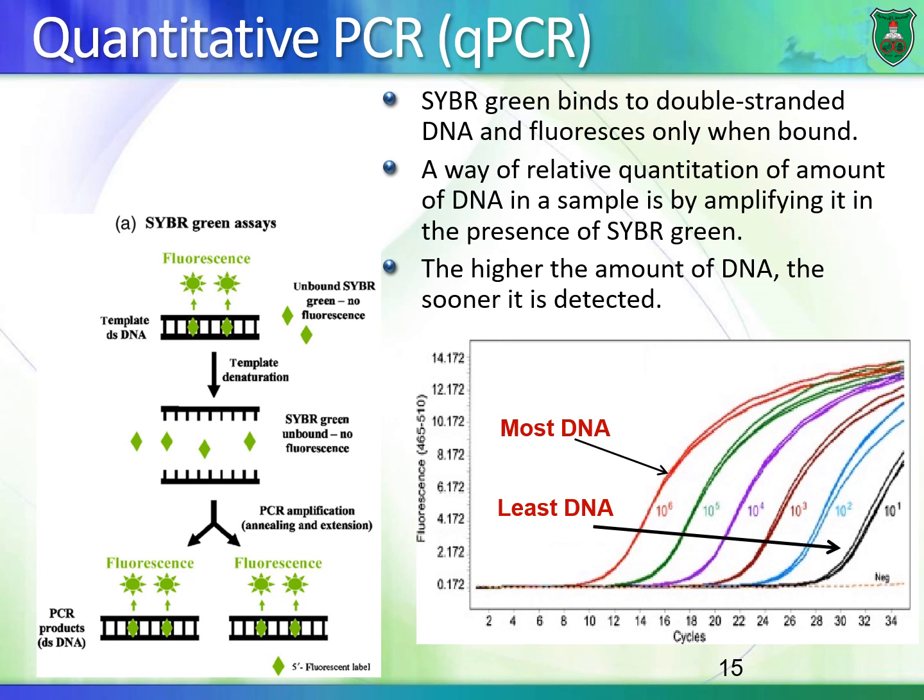So with the second cycle, the 1000 would become 2000, and the 100 would become 200. Okay, and let's say that the limit of detection is 10,000 copies.